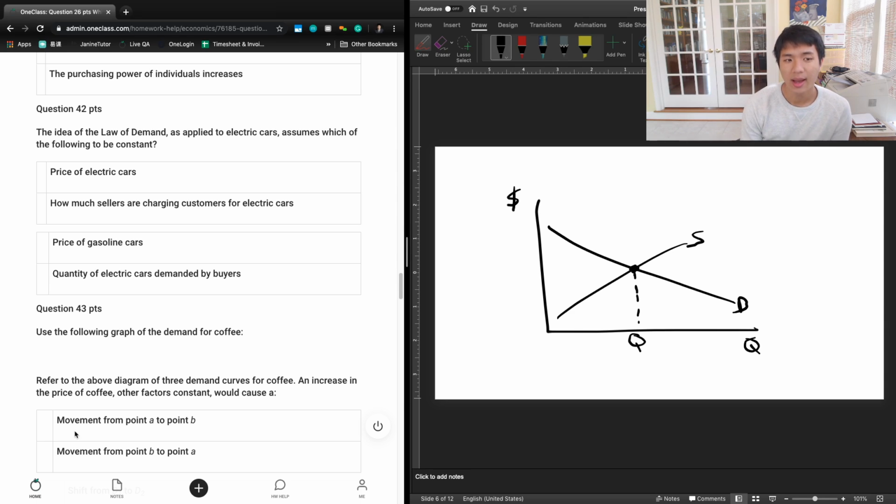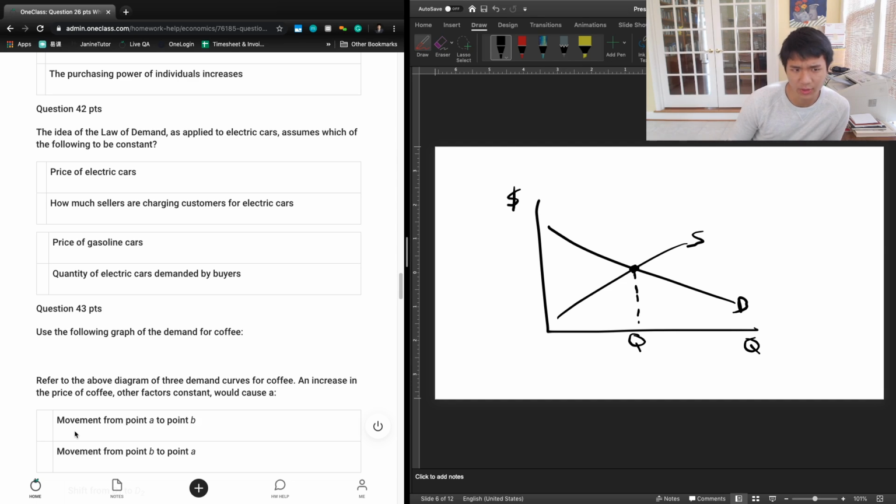B says how much sellers are charging customers for electric cars. We assume that the price that sellers charge is independent of what the law of demand is saying.